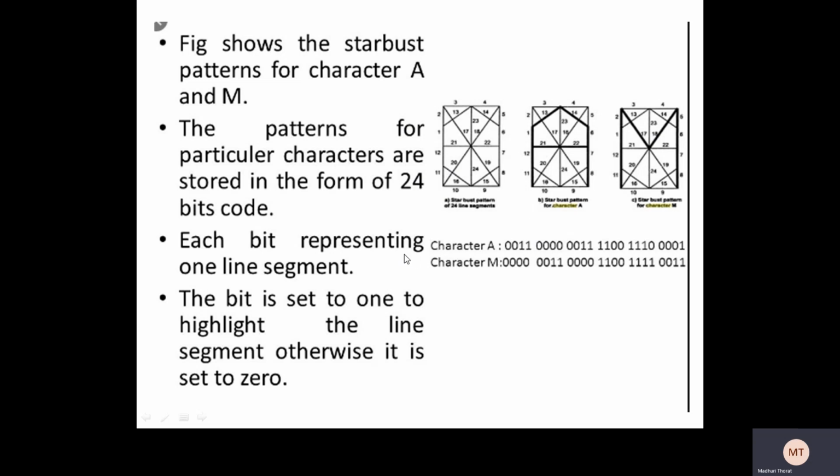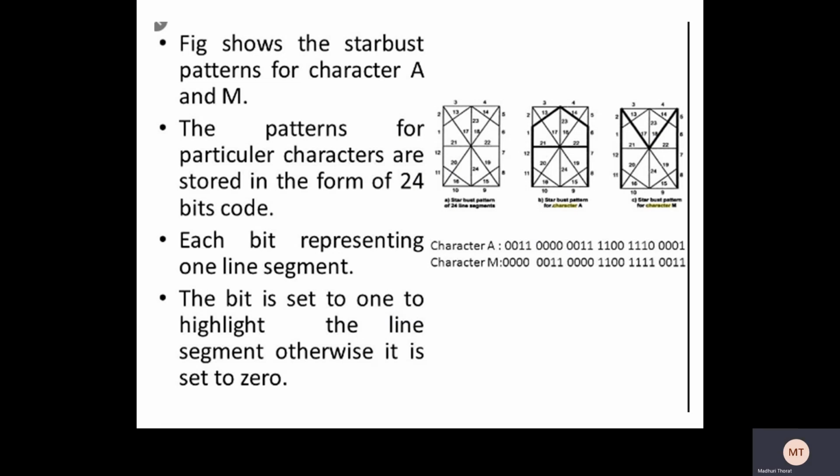Each bit represents one line segment. The bit is set to 1 to highlight the line segment, otherwise it is set to 0. So for the character M, only the highlighted lines are set to 1 and the non-highlighted lines are set to 0. So this is the starburst method.